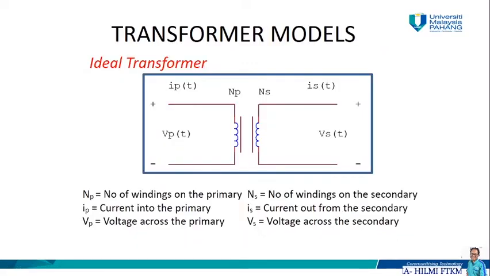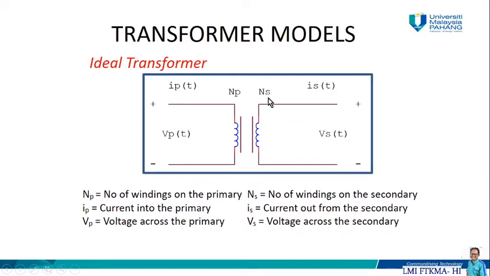Next, we are going to discuss the transformer models. So imagine we have an ideal transformer, where all the currents and voltage are efficiently 100% transferred from the primary circuit to the secondary circuit. In an ideal transformer, in the primary circuit, we are going to have the voltage across the primary VP, primary current IP, and the number of windings in the primary circuit NP.